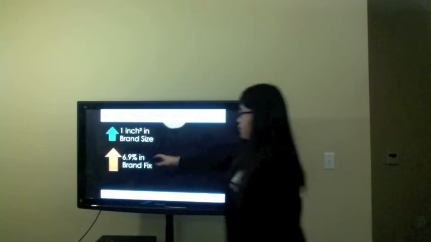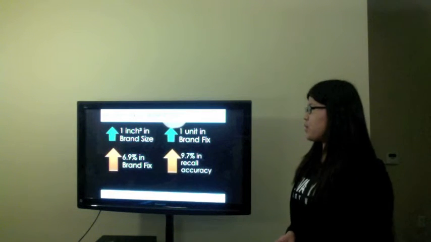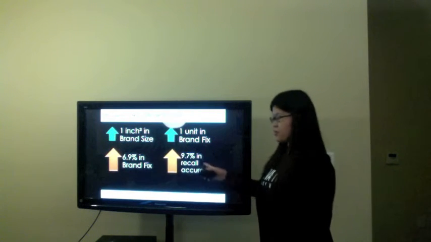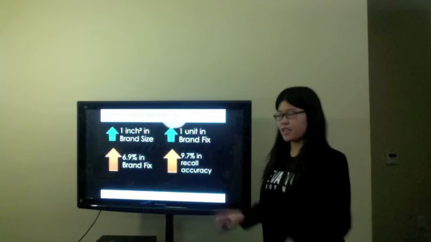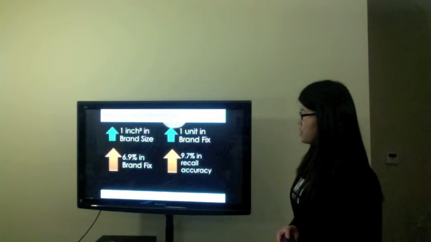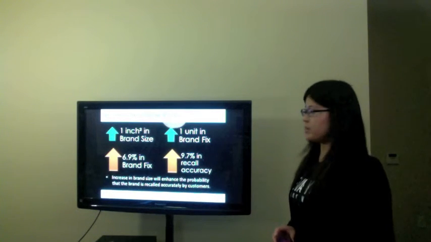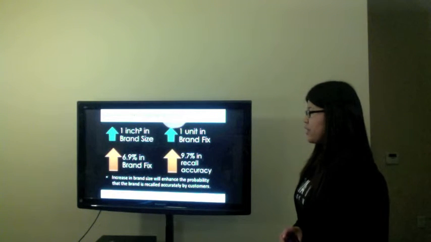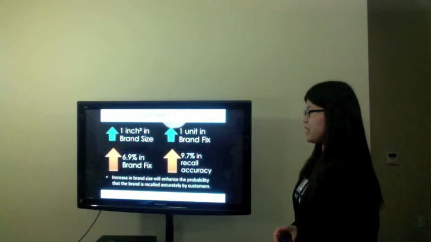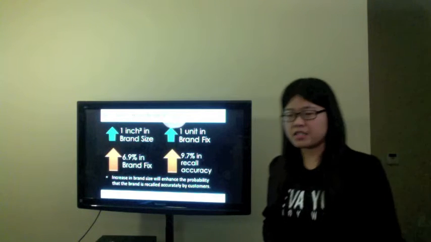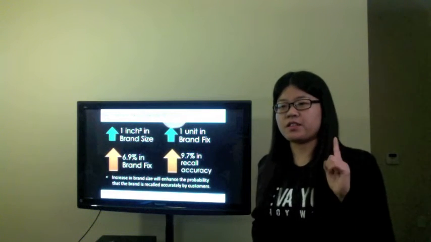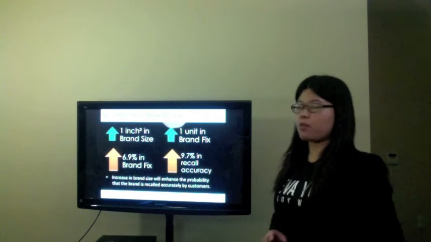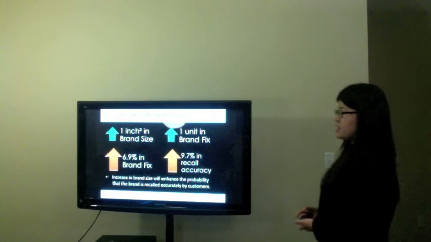And when brand fixation increases, it will increase the customer's recall accuracy after they are exposed to the ANS. So we can conclude that an increase in brand size will enhance the probability that a brand is recalled accurately by customers. This is the first piece of advice we give to L'Oreal.